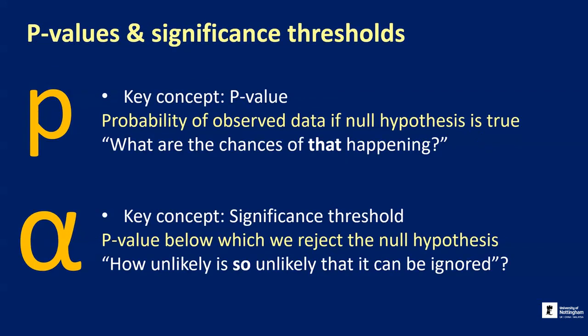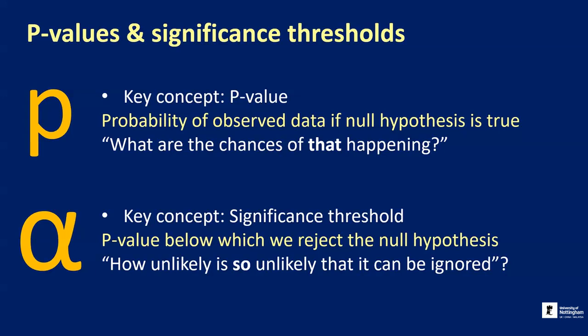So absolutely critical concept. The most important thing I'm teaching you in all of these lectures really is the p-value. It is the probability of the observed data if the null hypothesis is true. So what are the chances of that happening if the null hypothesis is really true? And alpha is the significance threshold below which we need to see the p-value fall if we are going to reject the null hypothesis.